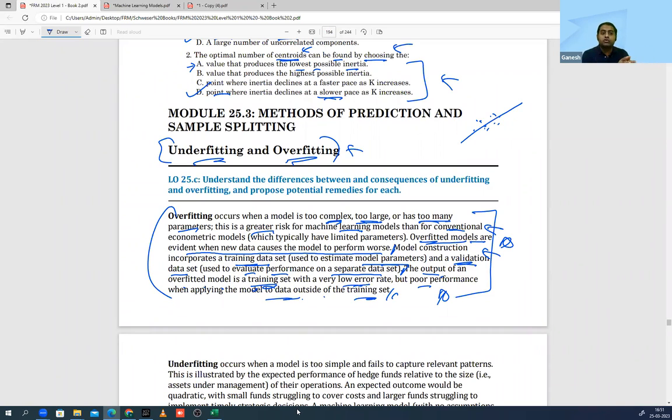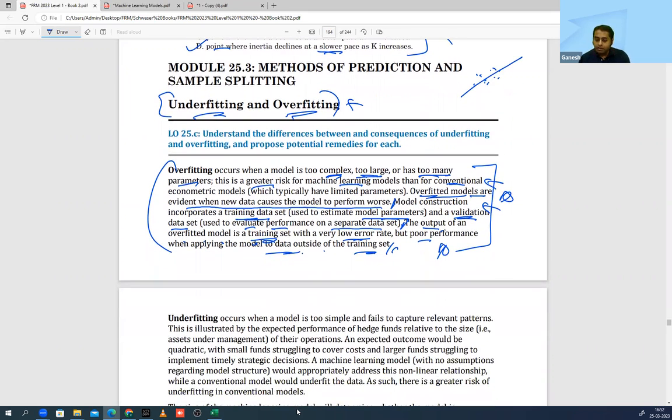That is why the dots are closer to the line. But the moment you do prediction, the power is going to be very poor. That is why, when you're validating, you're getting errors in the validation data set. Is it clear? I'm going purposely slow. Read this paragraph on overfitting, please.